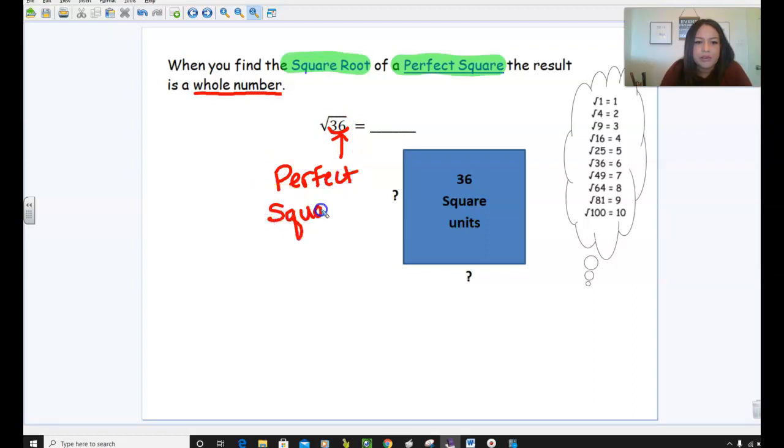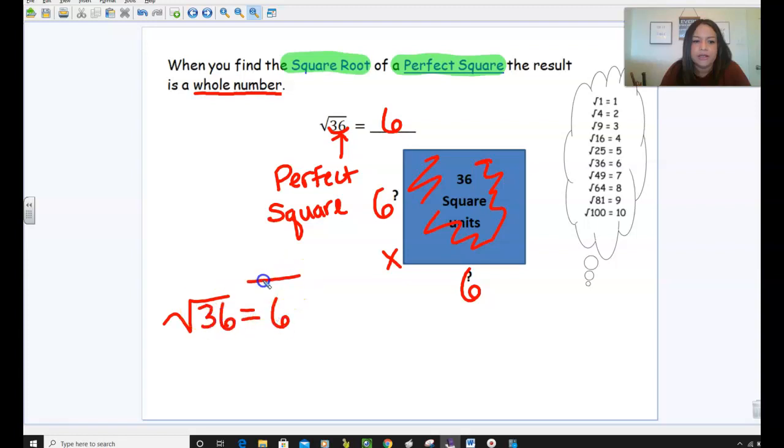If I was to draw a square with an area of 36 square units, I know exactly what the side length should be. The side length should be 6 because 6 times 6 will give me 36. So that turned out to be a whole number. The square root of 36 is exactly 6 and we're done. That was easy. That was simple, right? It was simple because 36 was a perfect square.